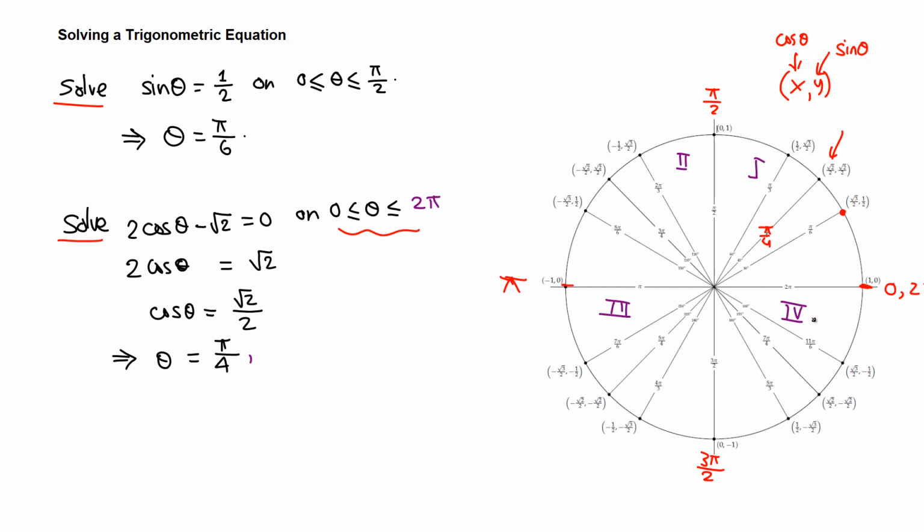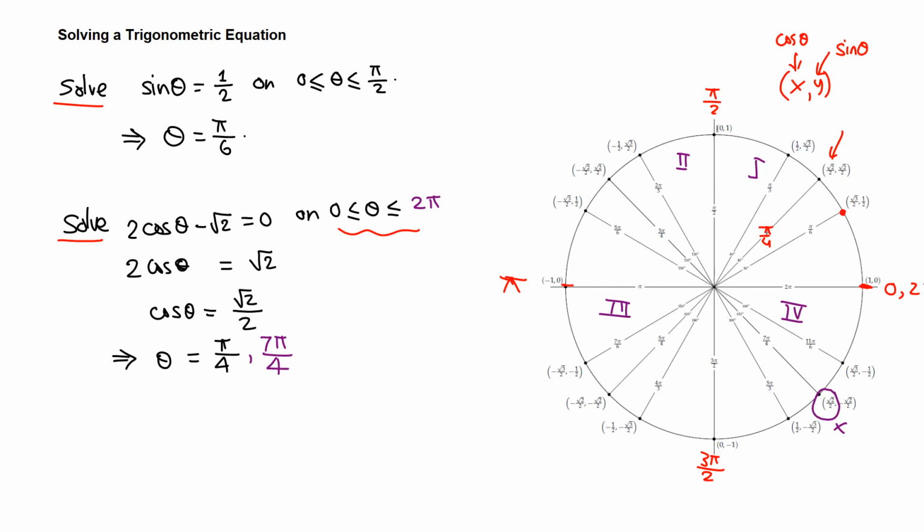That's in the fourth quadrant, and here x is root 2 over 2. So this angle is, this is pi over 4, 3 pi over 4, 5 pi over 4, sorry, this is 7 pi over 4. So we would have another answer, 7 pi over 4.